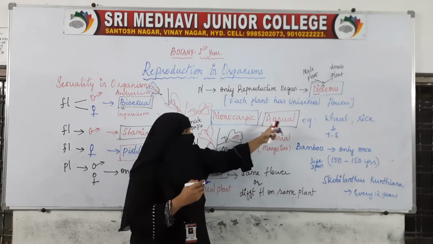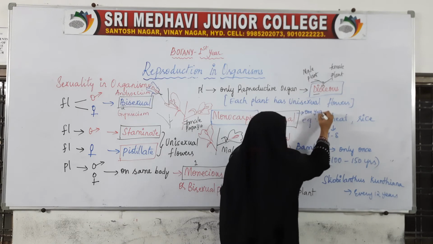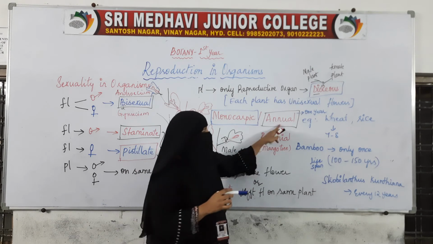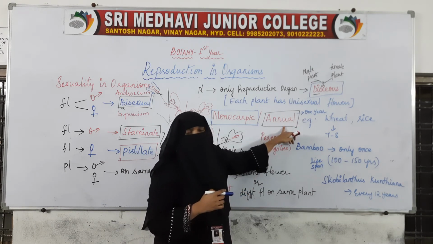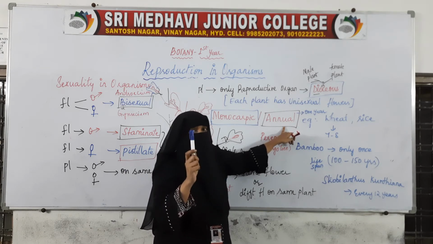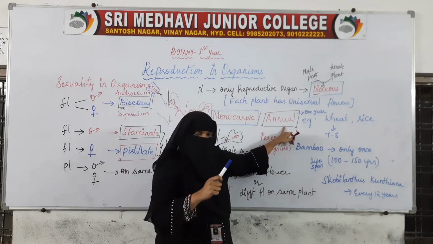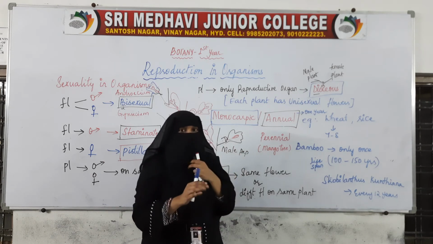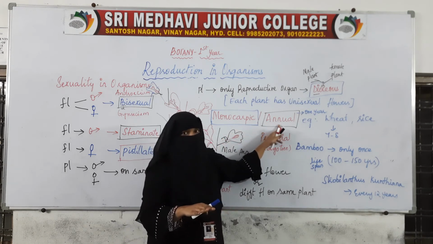Annual plants means the life cycle is a year or less than 1 year. They will reproduce only once, that is, they produce flowers only one time. After the flower is formed, the flower will change into the fruit, and after formation of fruit the plant will die. So that is an annual plant.